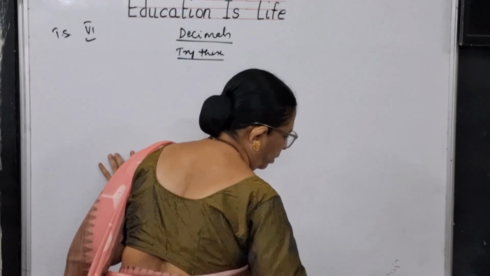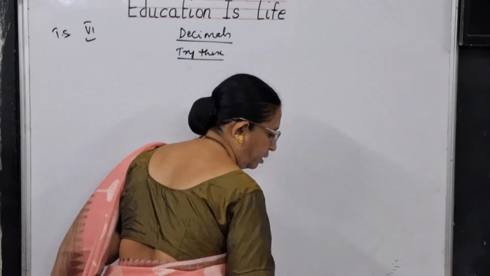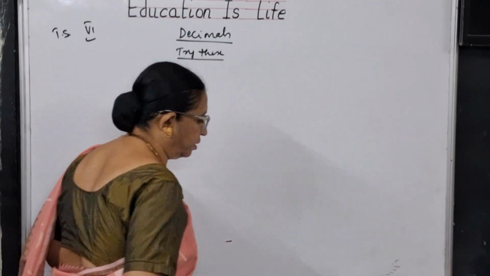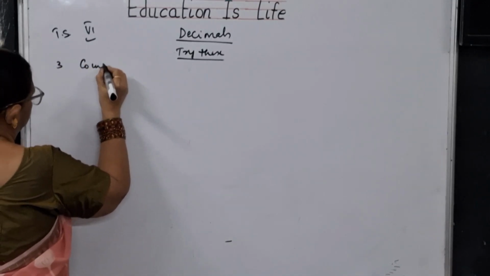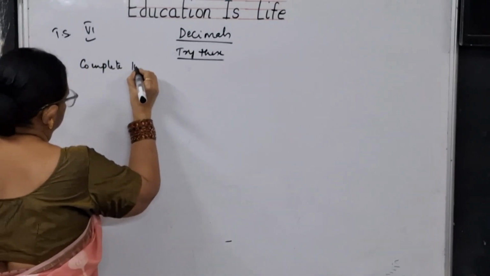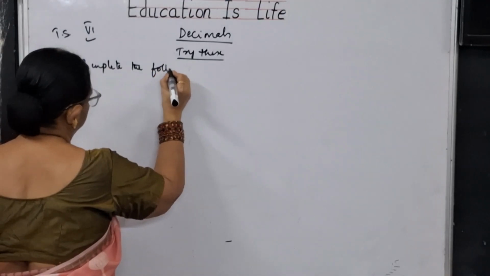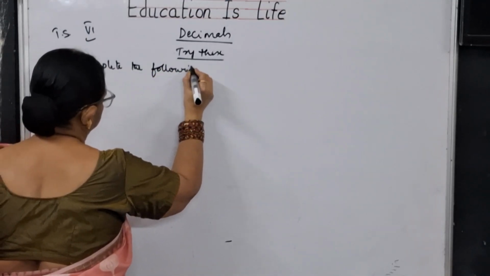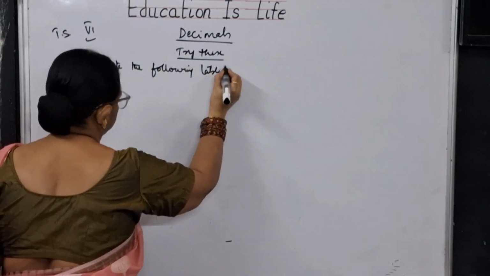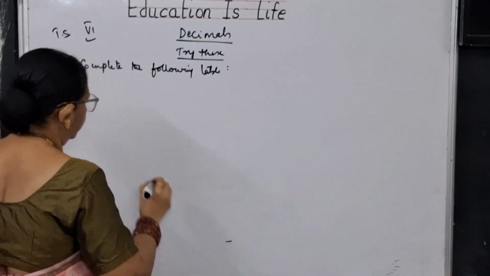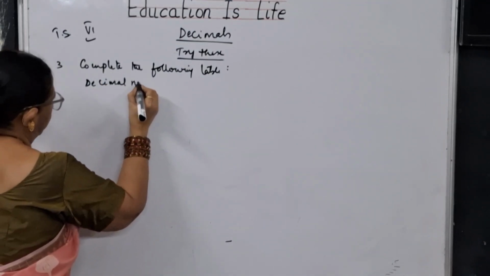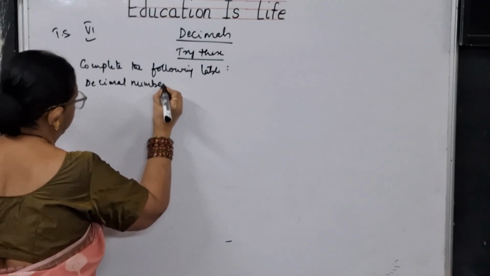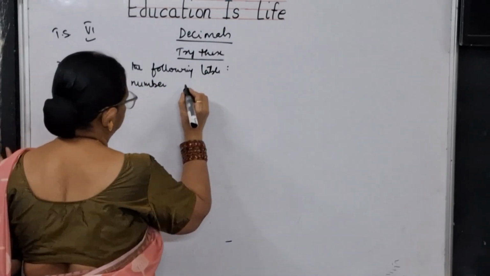Now you have another table. This is the third problem. Complete the following table. Here you have the decimal number. It is opposite to the earlier one. They have given the decimal number.